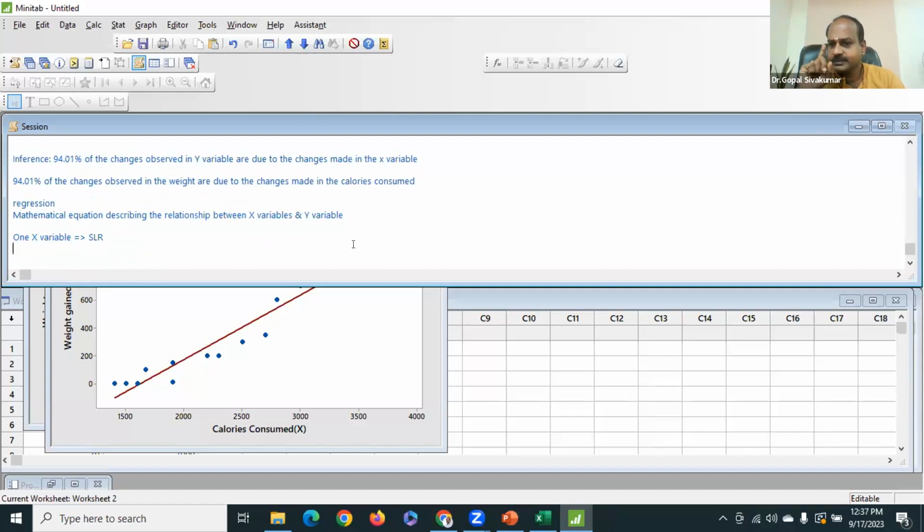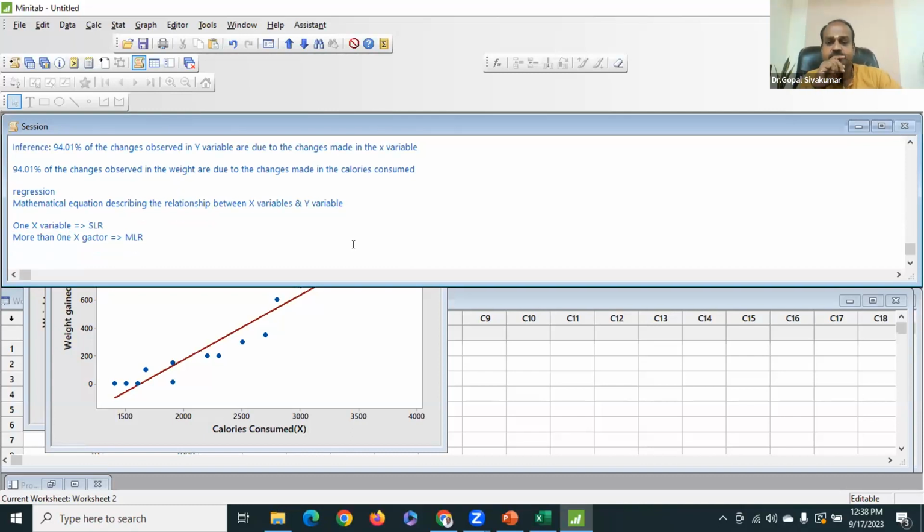Understand? There is only one x factor, like calorie consumption and then weight gain. What is the regression called? Simple linear regression. If you have more than one x factor, then your regression is multiple linear regression. All of you are with me?